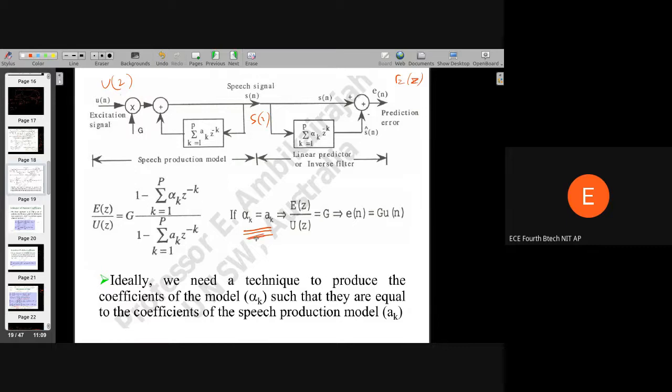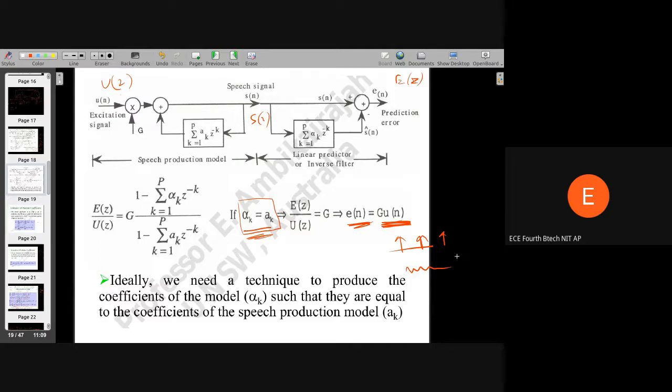So basically, if you have alpha k equal to a k, we are truly able to find the true parameters of the system. Then your e(n), the error signal, will be the same as this train of impulses or a noise train of impulses, or your random noise.